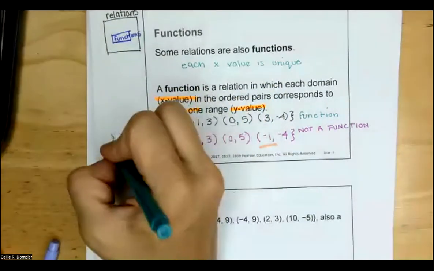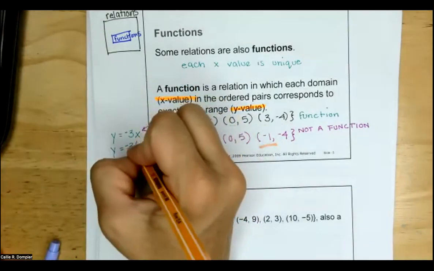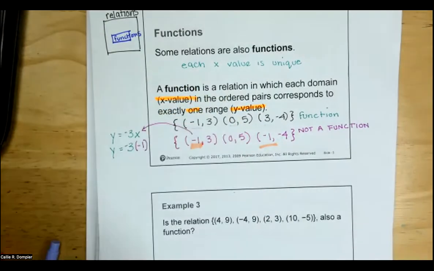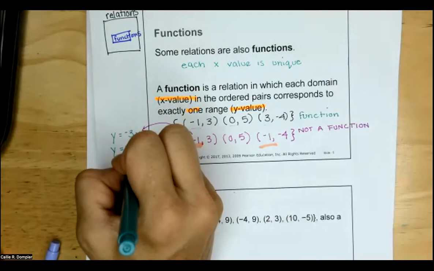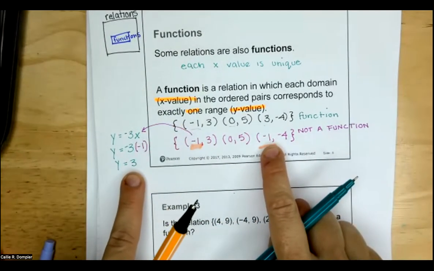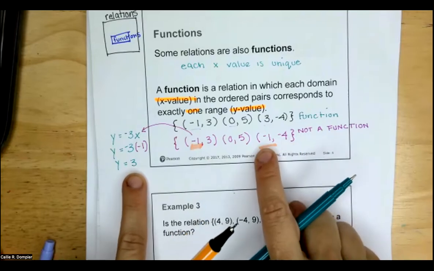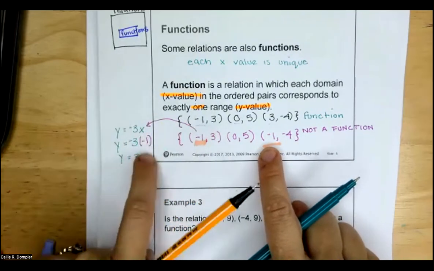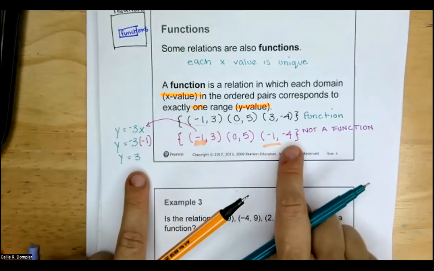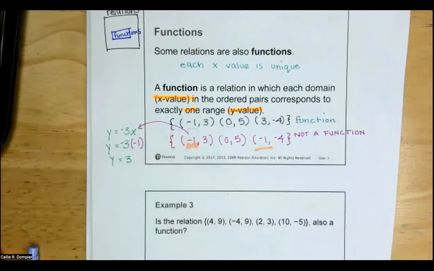That means y equals -3 times -1. So y becomes +3. If I put it in again, it becomes -4. So I put that same x value into my function and I get out a -4. That means it's not a function, okay? It's not a linear equation.